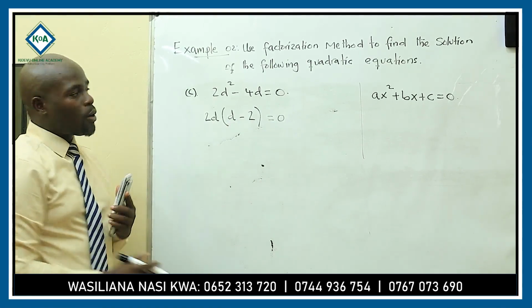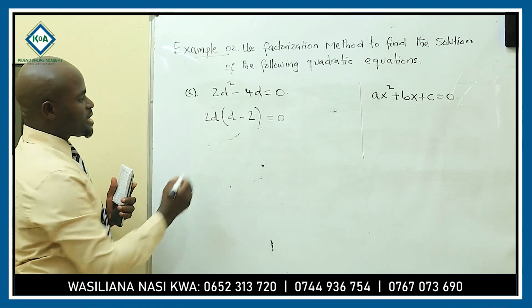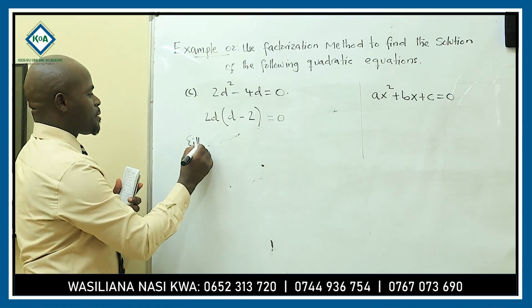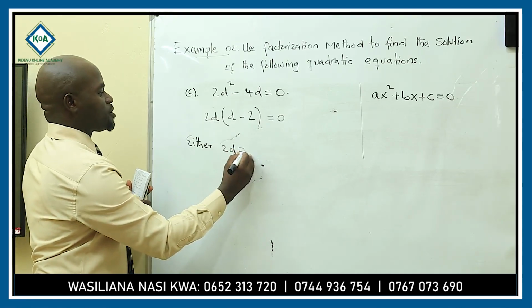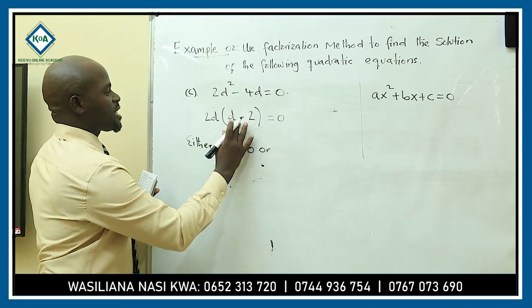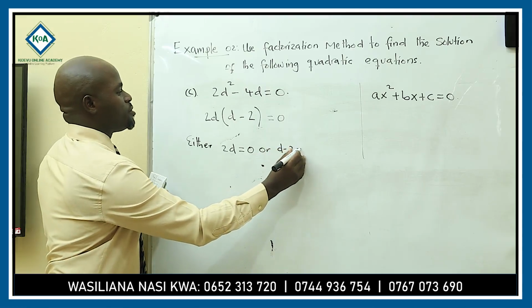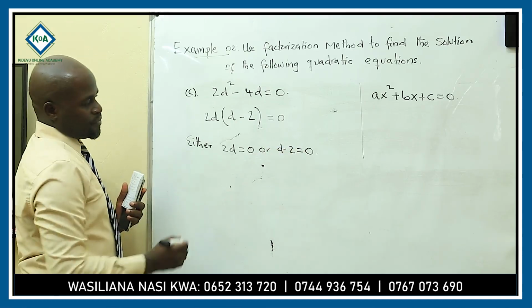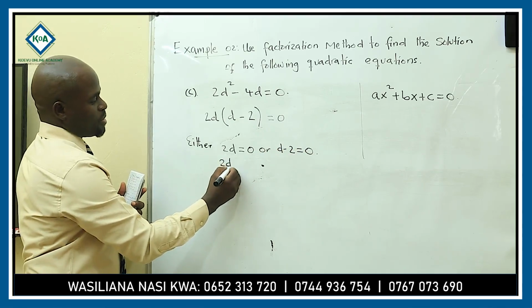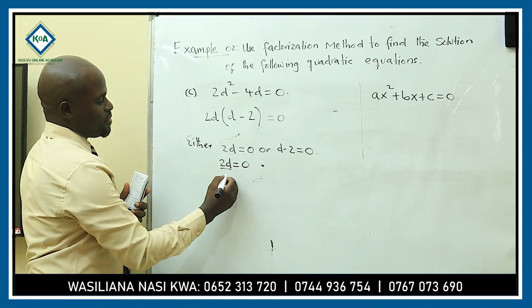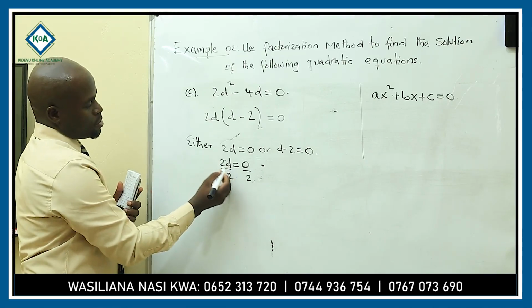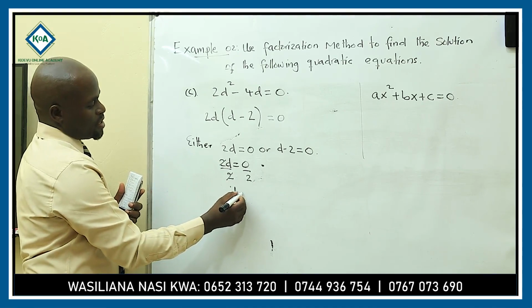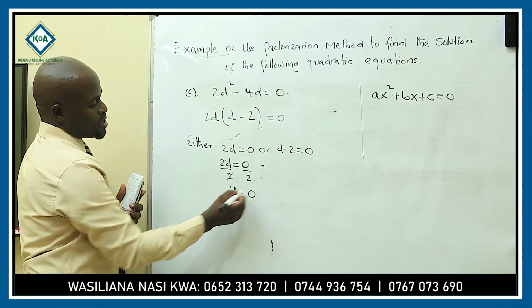These are two factors. Now, after reaching here, then what next? You say either 2d, the first factor, is equal to 0, or the second factor, d minus 2, is equal to 0. Then in 2d is equal to 0, we divide by 2, and here by 2. The 2 and 2 cancel. Then we have d is equal to 0 divided by 2.